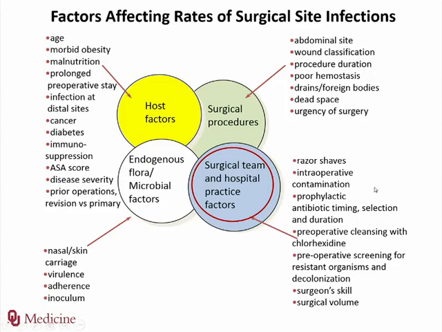And then lastly, all of those things that the entire perioperative team has the ability to control, things like giving prophylactic antibiotics, doing appropriate skin prep, and screening for those endogenous microbiology factors, clearly have an impact on rates of surgical infection.